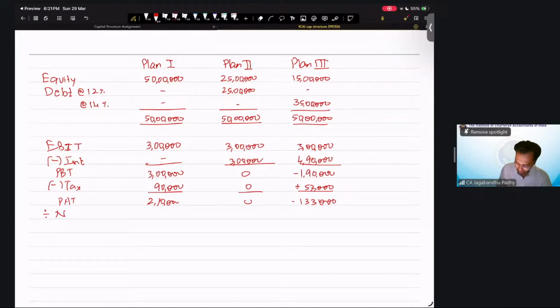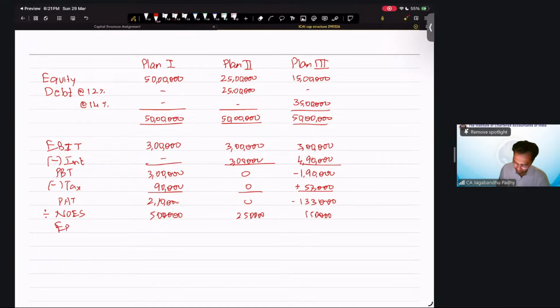Now divide by the number of equity shares. Here it is 5 lakh, 2 lakh 50,000, and here it is 1 lakh 50,000.